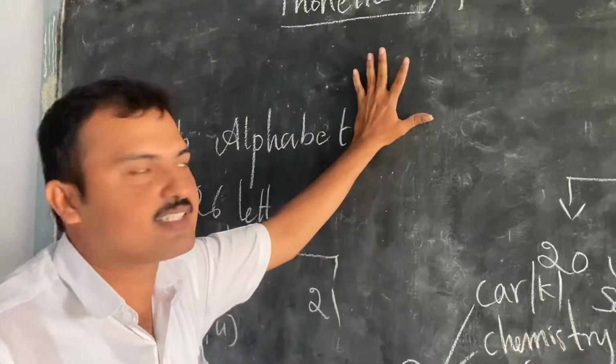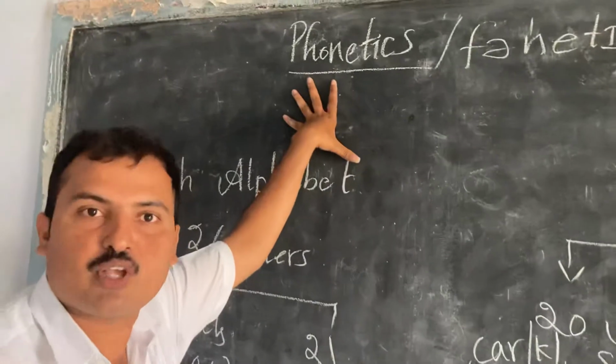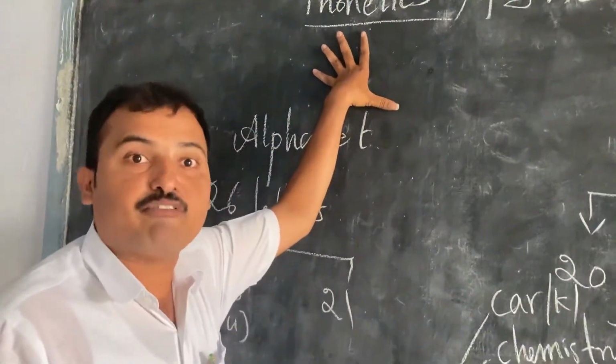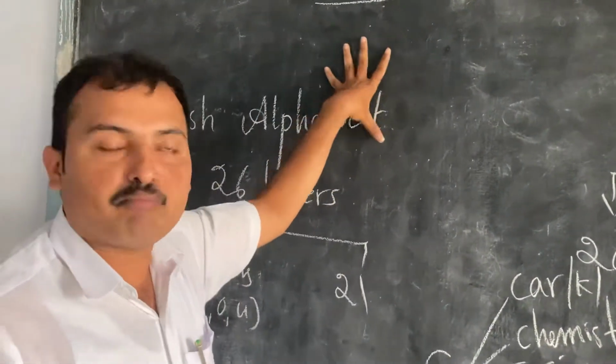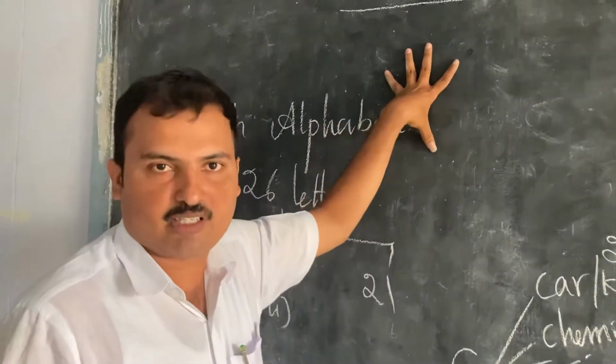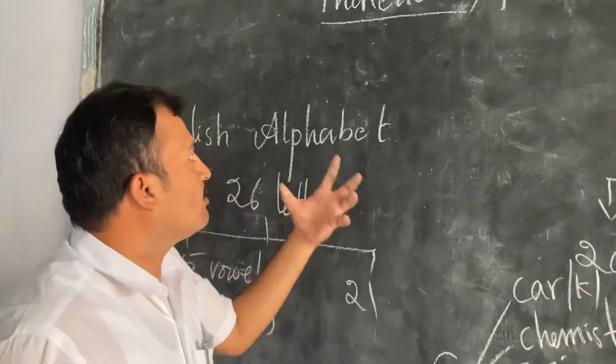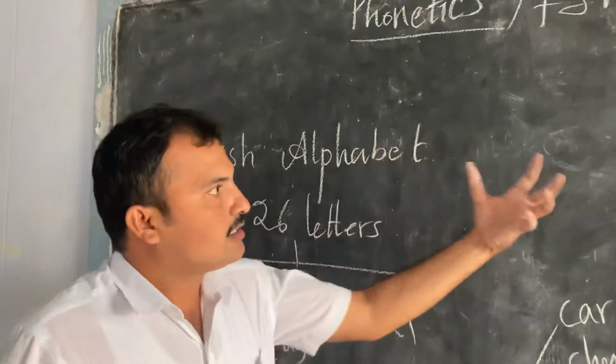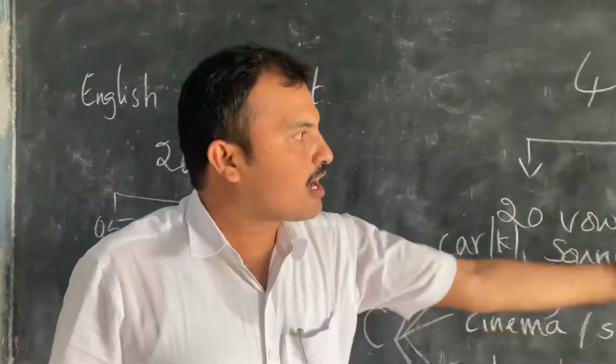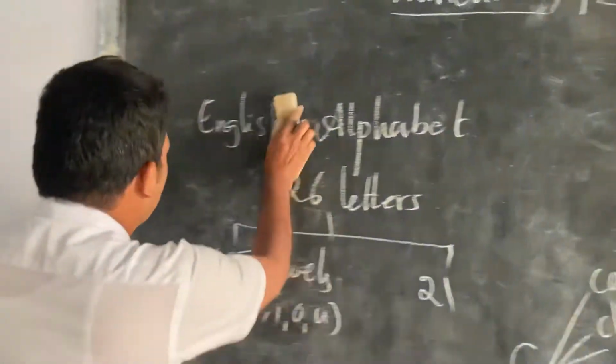For this reason, when we learn phonetics, we can be accurate and we can be fluent by learning the rules of phonetics. Okay, let's learn a little further what vowel sounds are and what consonant sounds are.